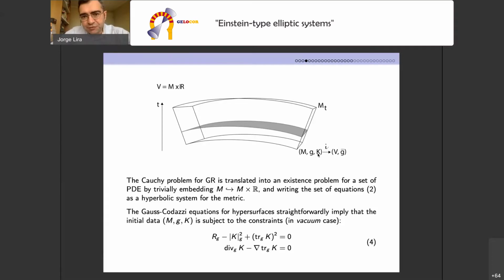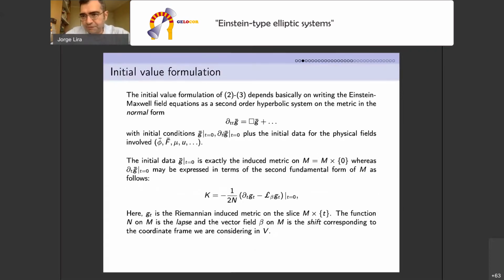So these two data here, the value of G at t equal to 0, and the first derivative at t equal to 0, can be read in terms of the induced metric of M and the second fundamental form of M. The fact that the first derivative is connected with the second fundamental form is expressed by this equation here. We have this classical expression in terms of the first derivative of the metric and the second fundamental form.